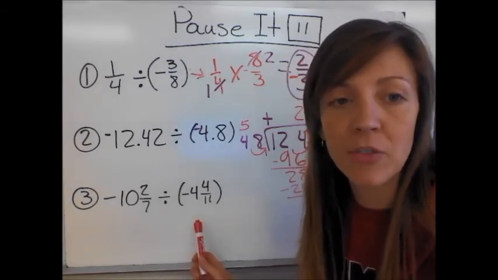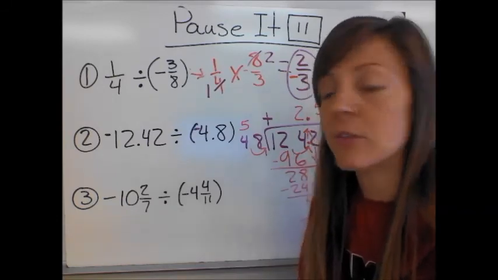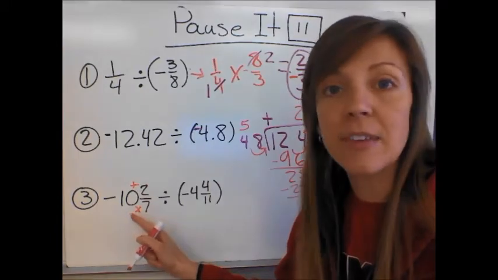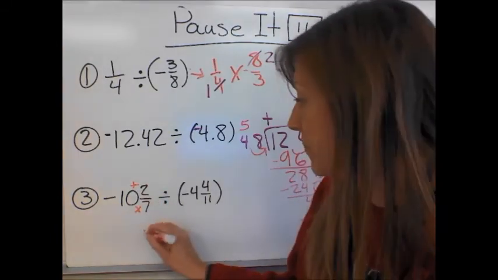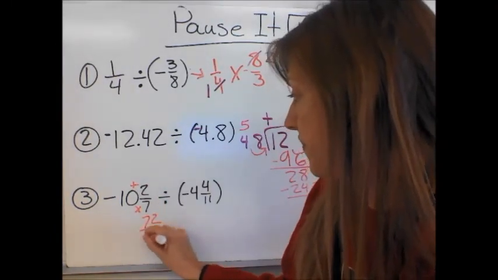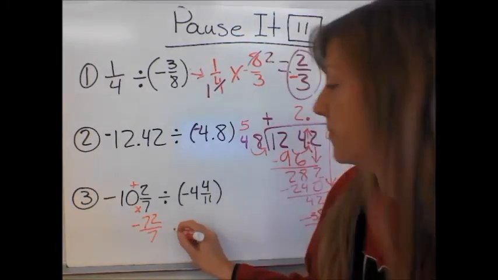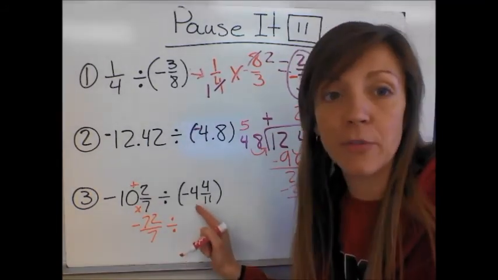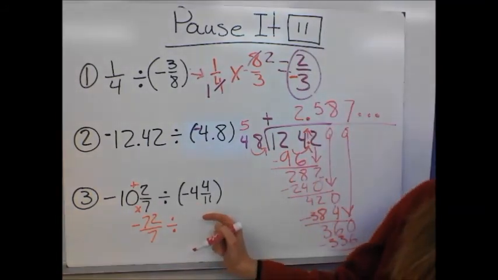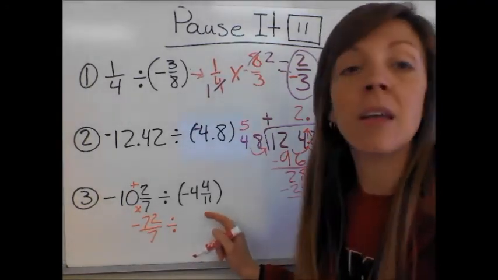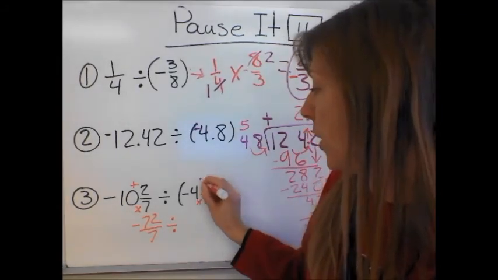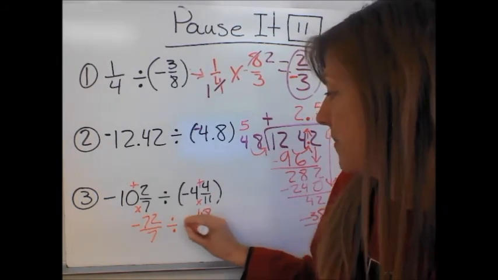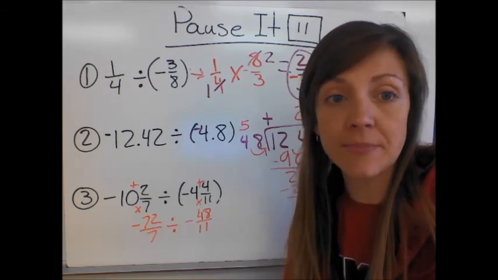We have mixed numbers, and we're going to change them from mixed to improper. So bottom times big plus top. 7 times 10 is 70, plus 2 is 72. And it's negative. Divided by bottom times big is 4. Bottom times big is 44, plus 4 is 48, so negative 48 11ths.